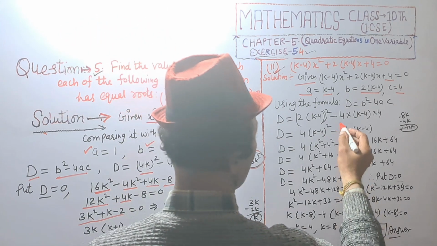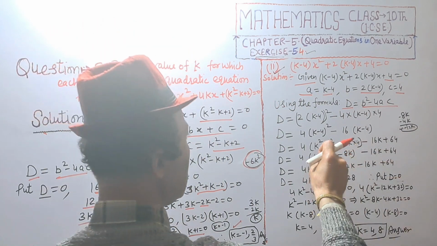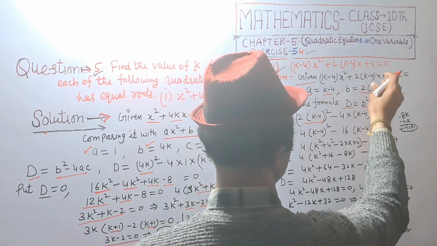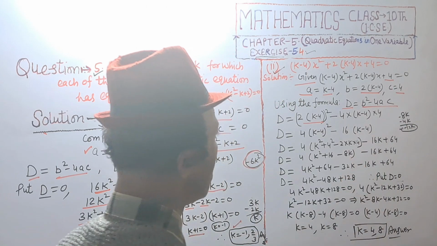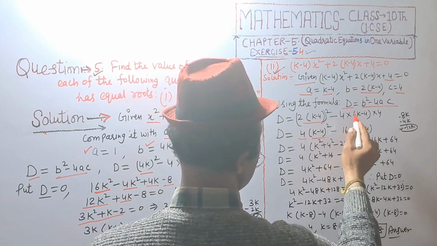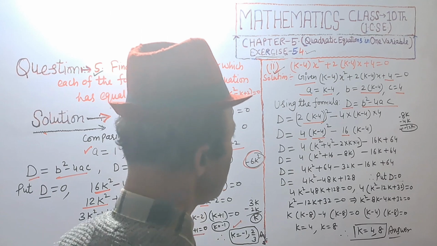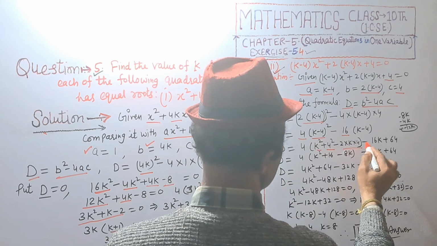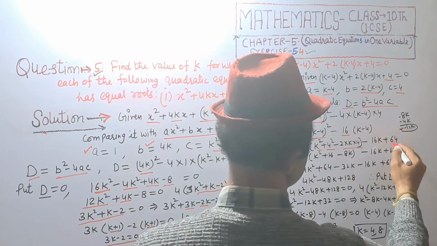And we are applying the formula discriminant, that is b square minus 4ac, and putting the value of b, 2 into k minus 4 square, minus 4 into k minus 4 into c is 4. 2 square is 4, k minus 4 square, minus 4 into 4, that is 16 into k minus 4. And a minus b whole square equal to a square plus b square minus 2ab, minus 16k minus minus plus 64.